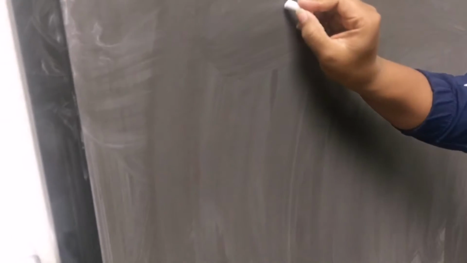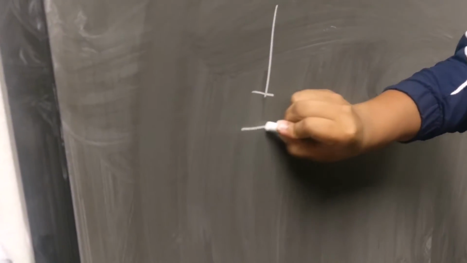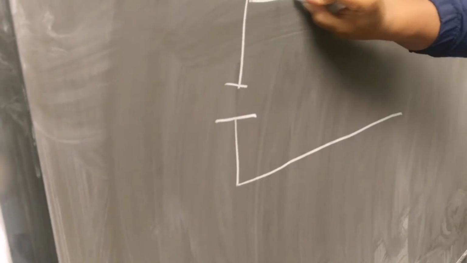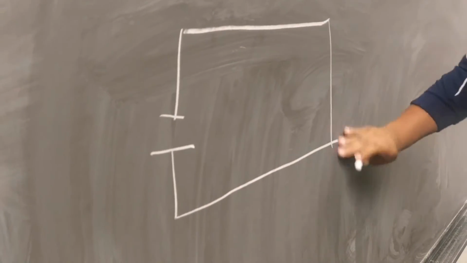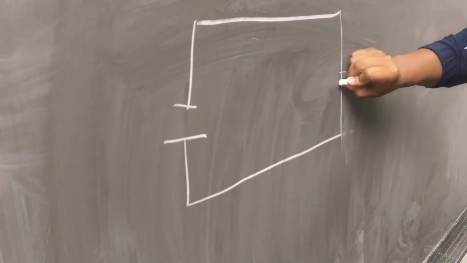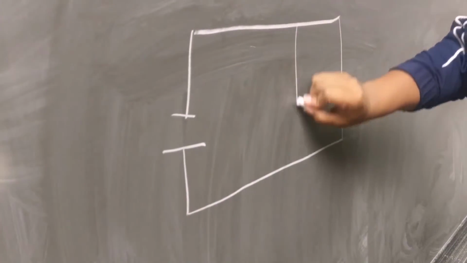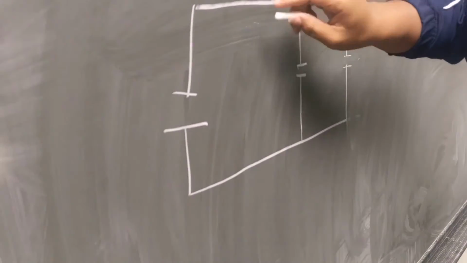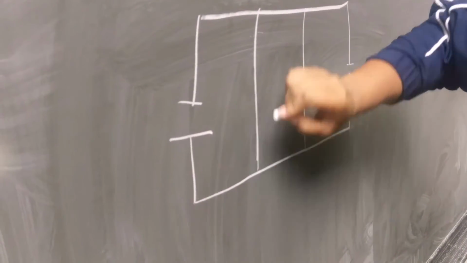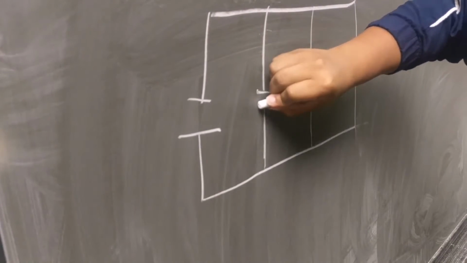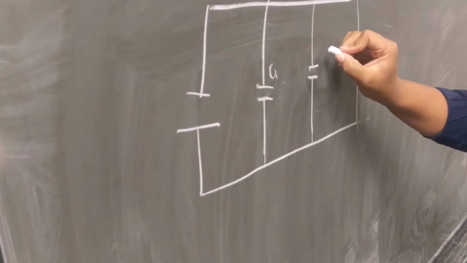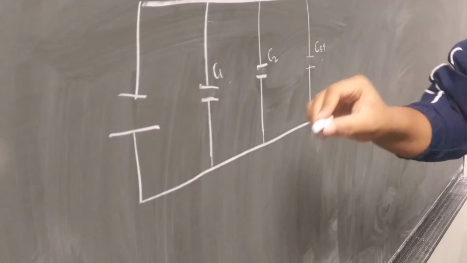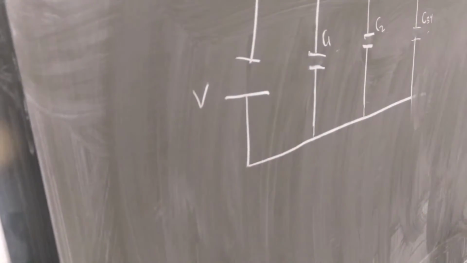Your network will then turn into your C1, your C2, and your C3,4 with your voltage over here.